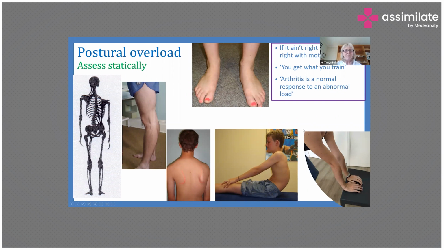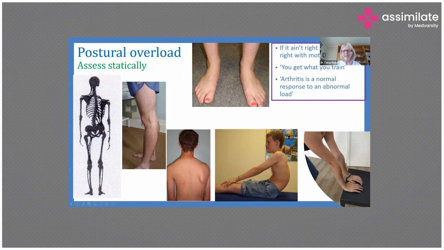So let's give you some examples of postural overload. I always do my one-liners with my athletes. One of them is, if it ain't right at rest, it ain't right in motion. So if you find that your sportsman has pain at rest with certain postures, then you know if they're going to move, they're also going to have dysfunction. And also you get what you train.